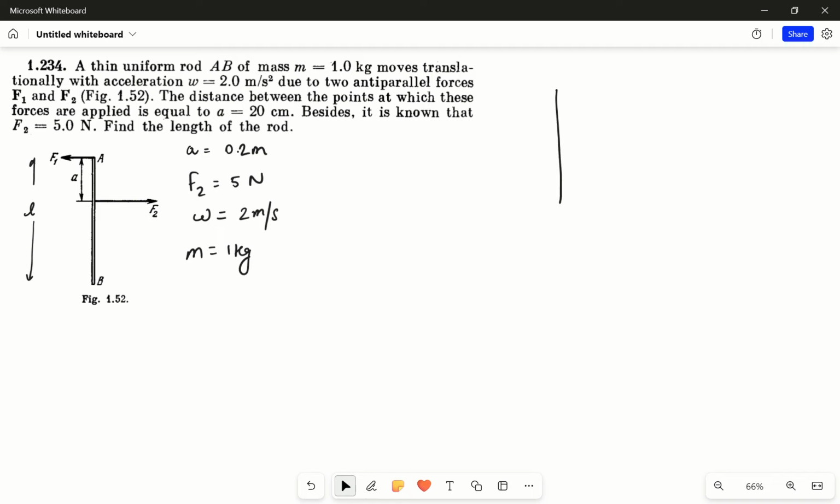So this is the rod. This is its center of mass, and one force is acting at F2, another is at F1. So for the first torque balance equation, let's say this length is L by 2.